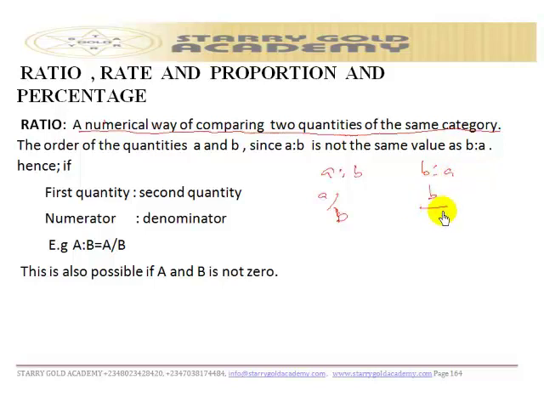B ratio A is different from A ratio B. This is usually done if none of them is zero. So the ratio we're talking about here is usually numbers above 0, like 1, 2, 3, 4, 5, 6, 7, 8, 9. We can't use 0 as a ratio. Once you use 0, it becomes something else entirely.